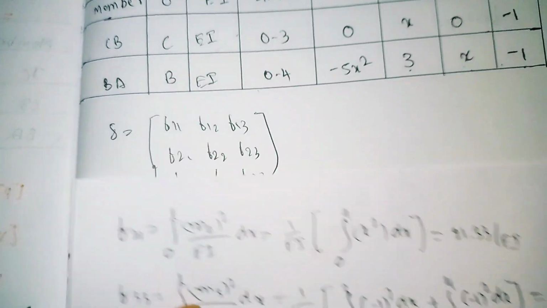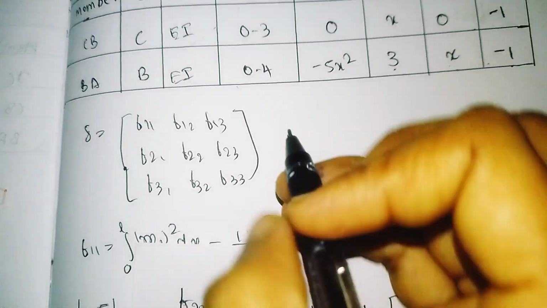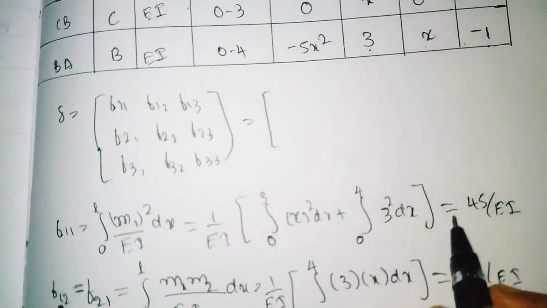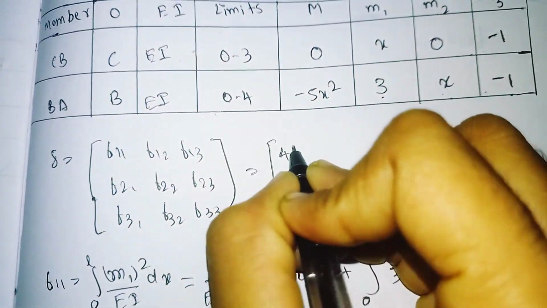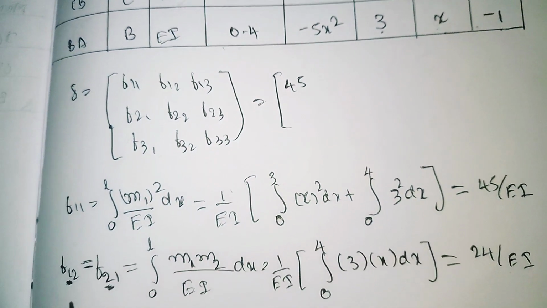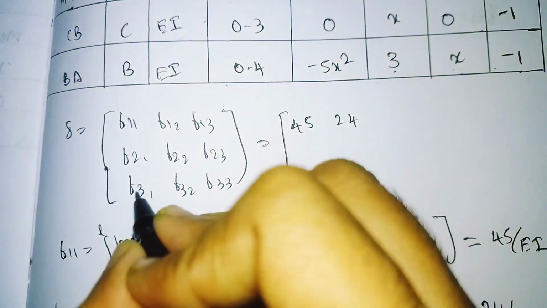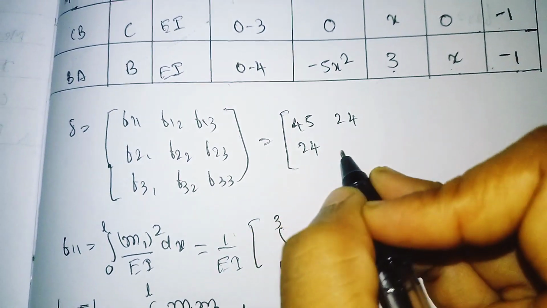So now we got all the values. So write it here. F11 value we got was 45 and F12 value we got was 24 and F21 value also 24.